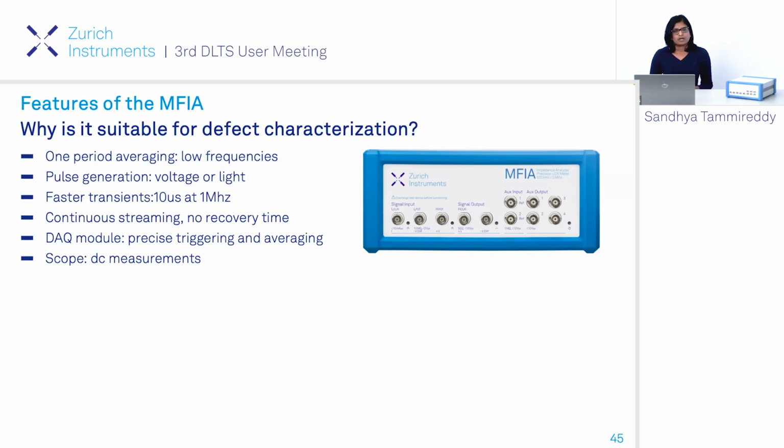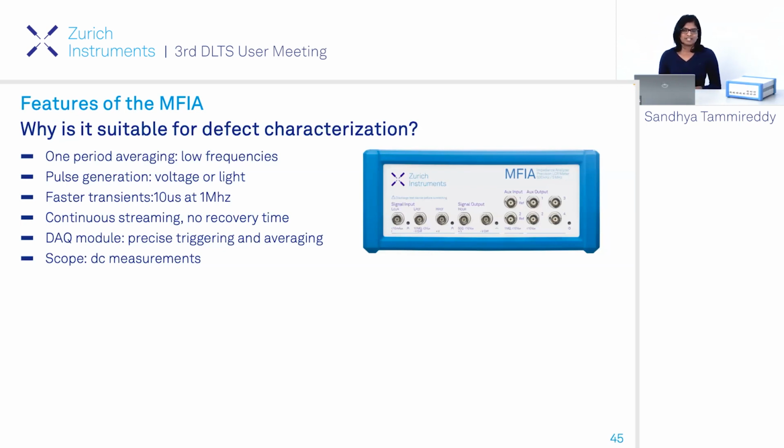As you saw, we require voltage and light pulses to excite your device. In terms of DLTS, you can use the MFIA to generate voltage pulses, and you can also control light using PLL loops.